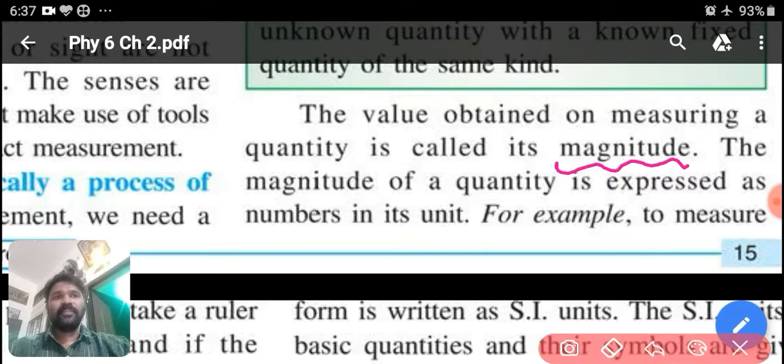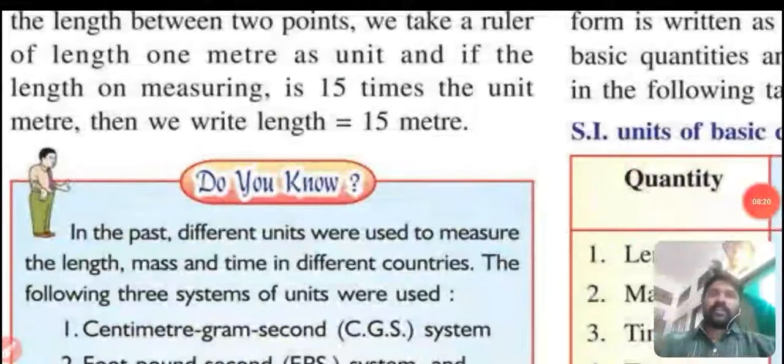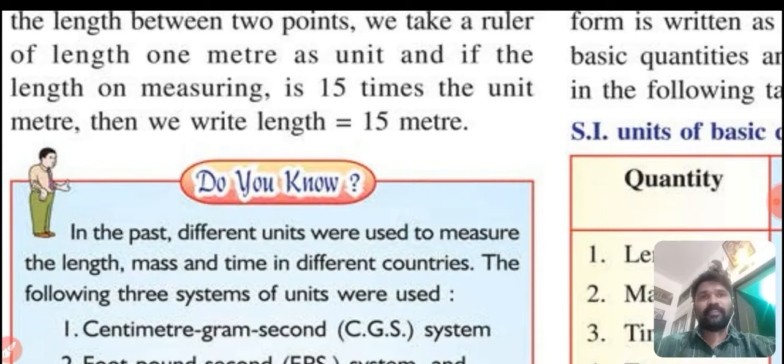For example, to measure the length between two points, we take a ruler of length 1 meter as the unit, and if the length on measuring is 15 times the unit meter, then we write length equals 15 meter.